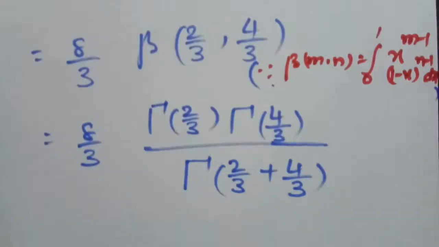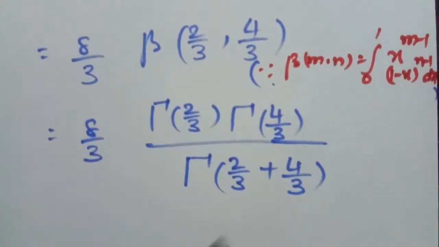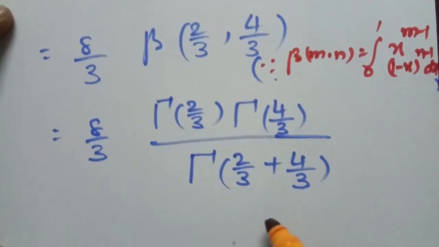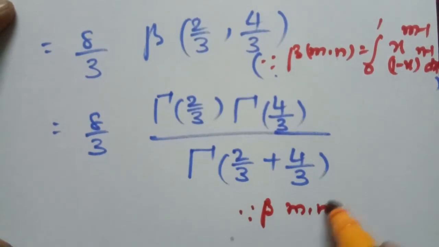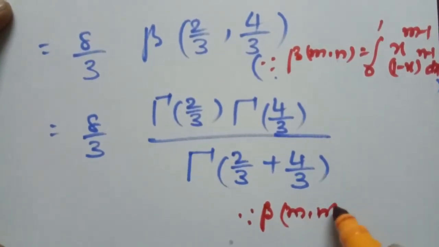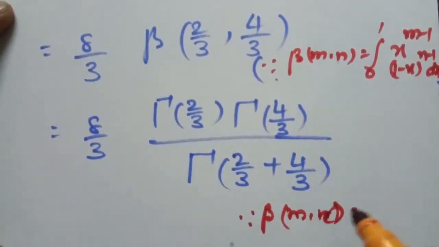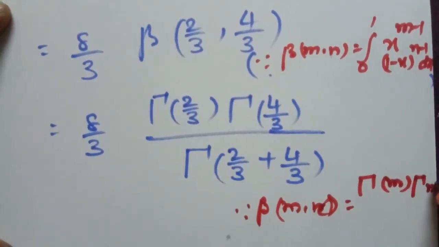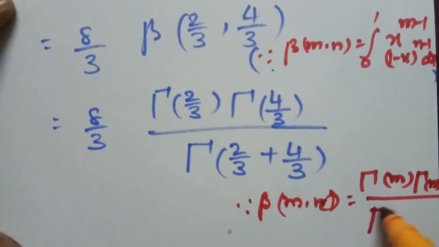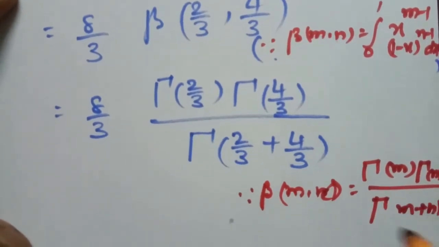Next, here we used another formula. Beta m comma n is equal to gamma m into gamma n by gamma m plus n.